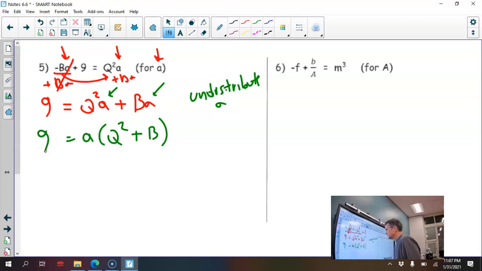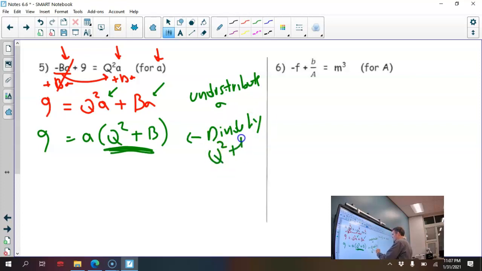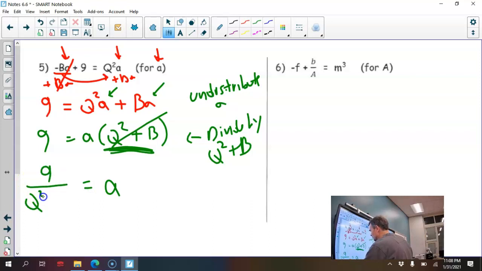Still equal to 9. And finally, I can get the a by itself because the a has been multiplied by this quantity. So now I'm going to divide by q² plus b. That'll cancel that out. And over here, the 9 will be divided by q squared plus b. And there's my final answer.